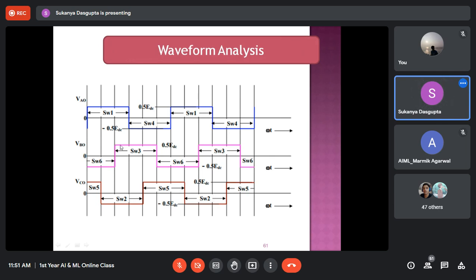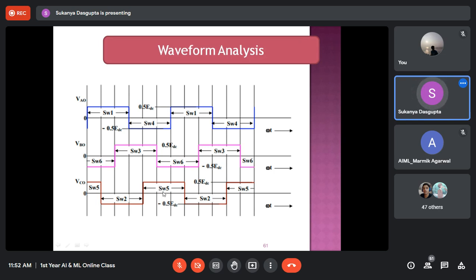So whatever switches are under this phase will be conducting for 180 degrees. And VBO, the phase voltage for phase B, is deviated by 120 from phase A. Similarly, VCO, the third phase voltage for phase C, is displaced by 240 from phase A and 120 from phase B.